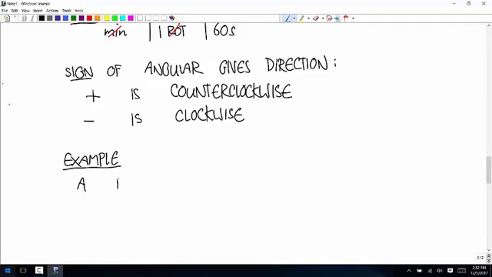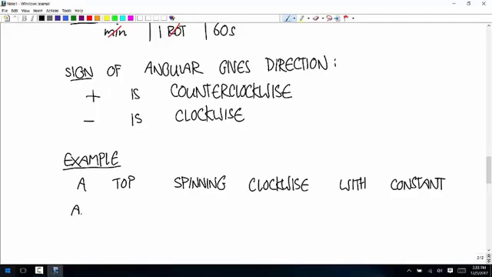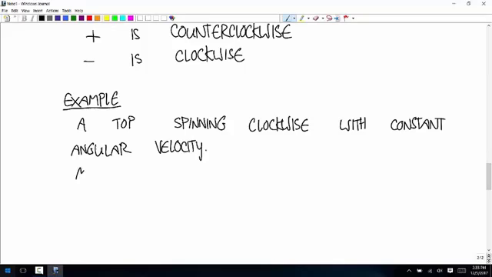Okay, so let's say we have a top spinning clockwise with a constant angular velocity. And it makes 10 full revolutions each second.